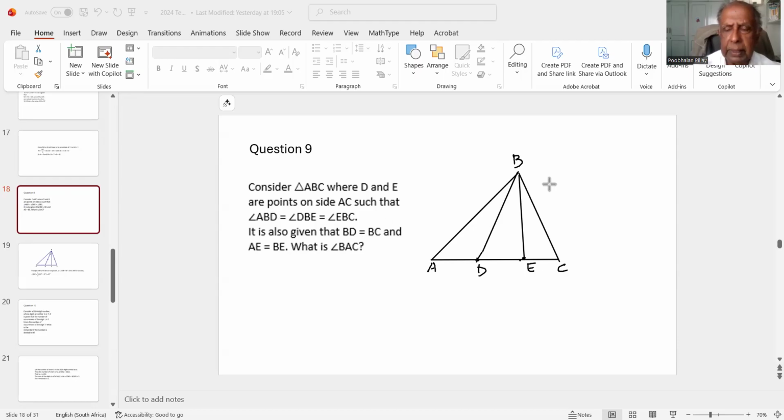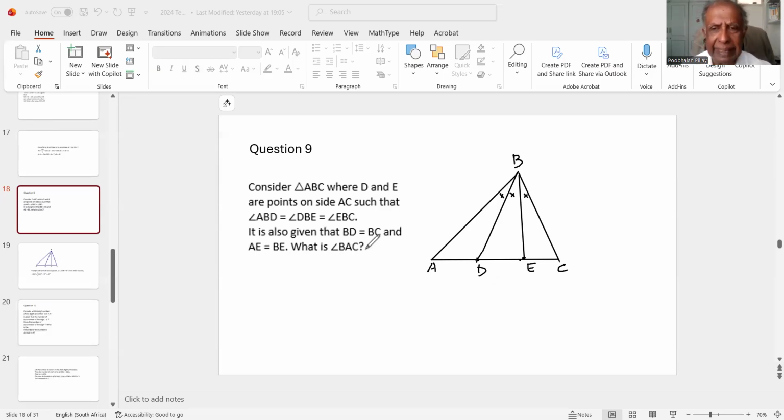And that's EBC. So these three angles are all divided up into three equal parts. That is, the angle B is trisected, or it's divided up into three equal parts. So let's call these angles X, X, X, right?